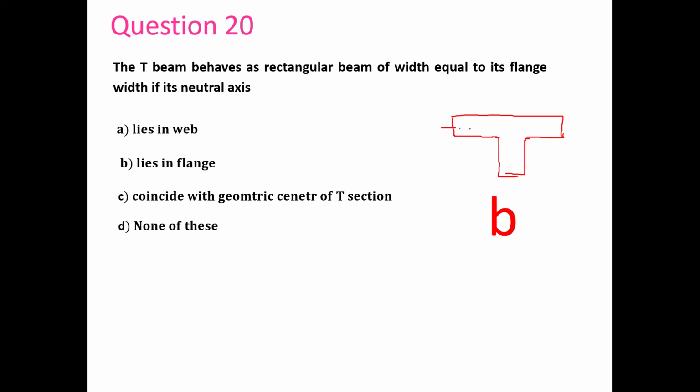If it is in your flange, then you will have B as BF. So if you write the equation, Cu is 0.36 fck xu into bf. This is the value of xu. So B will be considered as bf when the neutral axis lies in the flange.